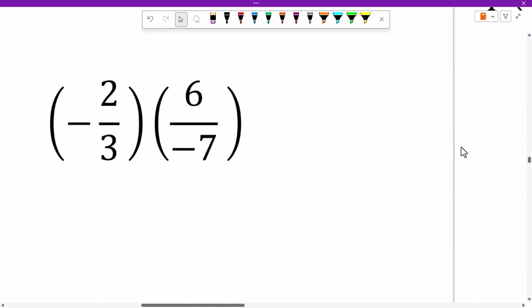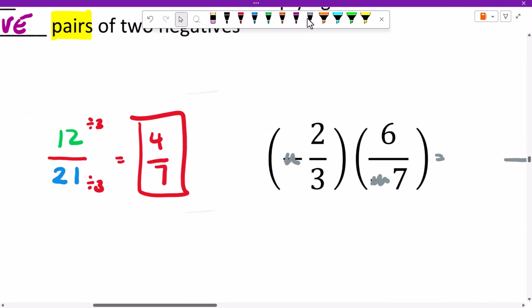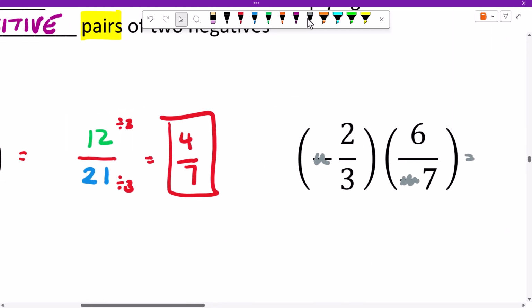Right? So going back to here, it's the exact same as the previous question. The two negatives cancel each other out. So our last step was, look at the top number, look at the bottom number. Is there anything that divides and makes it smaller? Instead of doing that at the very end, we're going to do that at the beginning. All right?